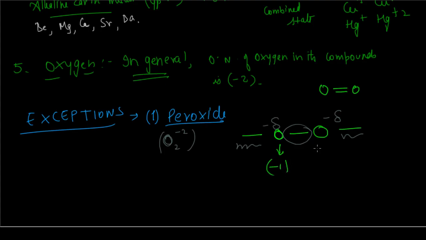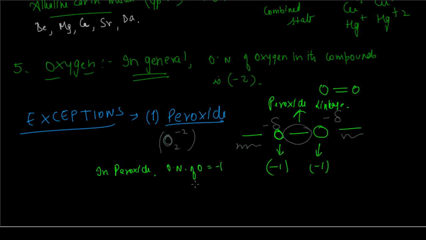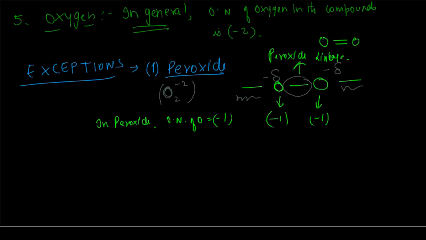No, it's -1, because two atoms in a molecule with -2 on the whole molecule means per atom is -1. So this linkage is called peroxide linkage, and in peroxide the oxidation number of oxygen is equal to -1. Clear? So this is the first exception, peroxide linkage.